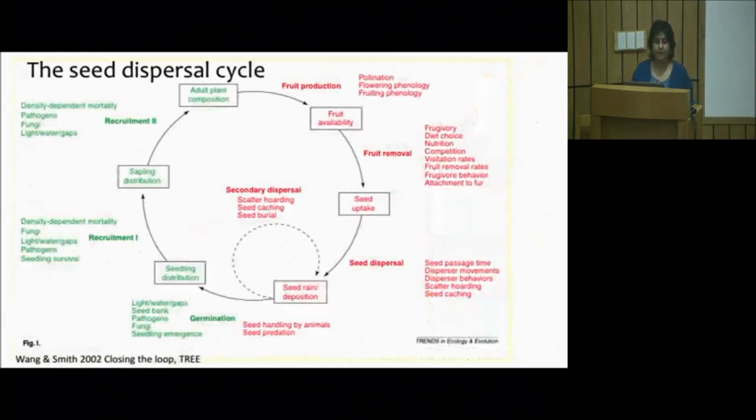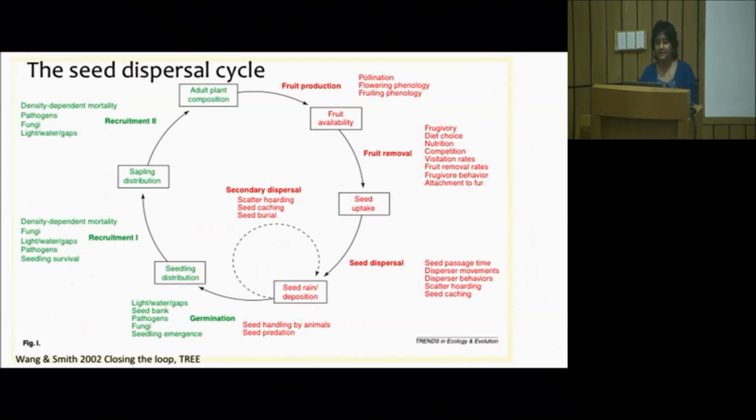So the seed dispersal cycle, the whole idea of the entire process of seed dispersal, involves a lot of things. It starts with fruit production, and then fruit availability, and then fruit removal by frugivores, and then seed uptake by frugivores.